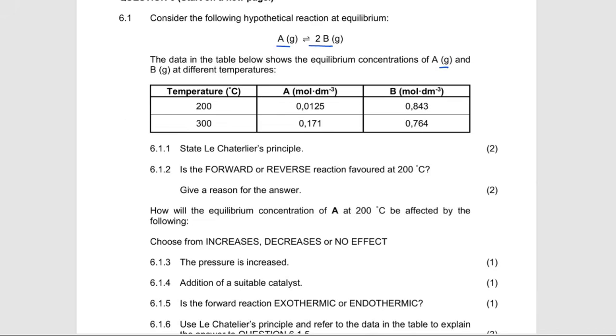Then the first question says, state Le Chatelier's principle.